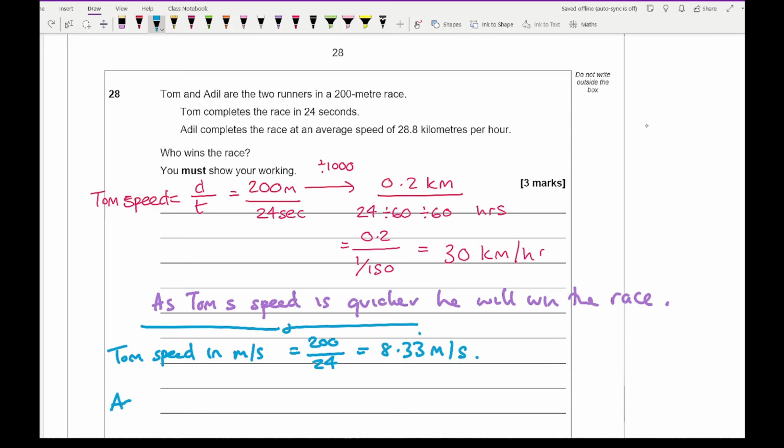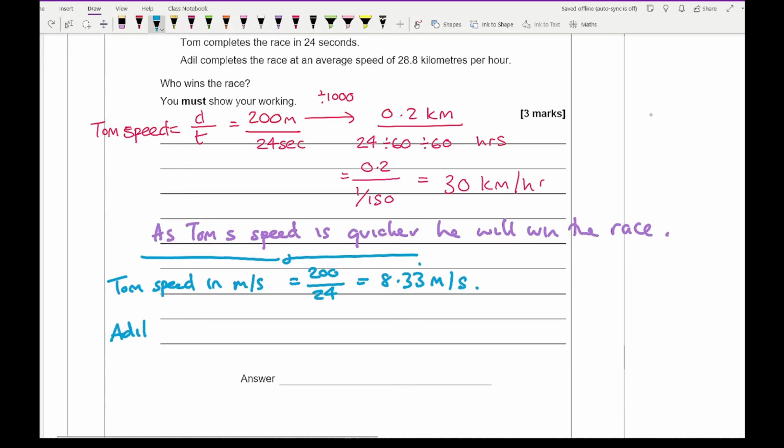And then Ardil, well, for this, I've got 28.8 kilometers in 1 hour. So then converting 28.8 kilometers into meters, that's going to be 28,800 meters. And then how many seconds are there in an hour? Well, there are 60 minutes in an hour, and there are 60 seconds in a minute.